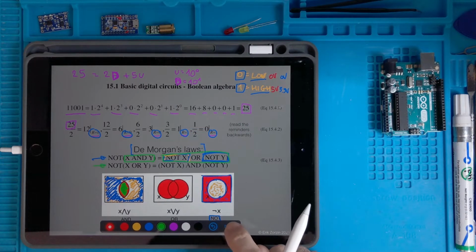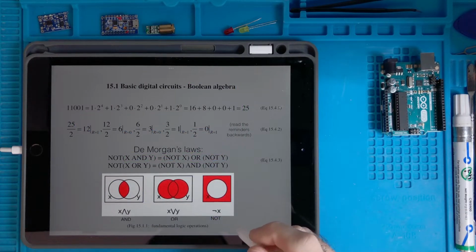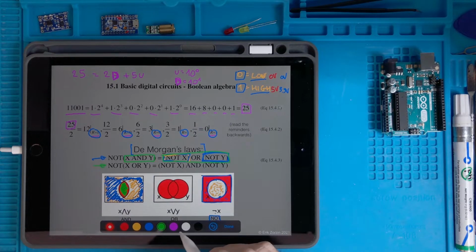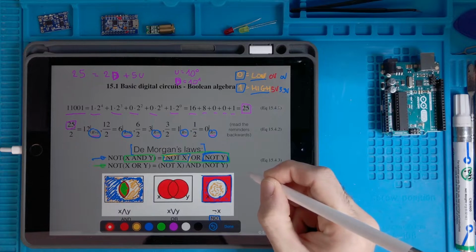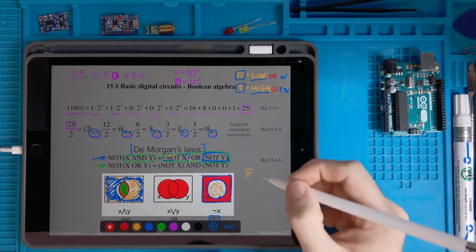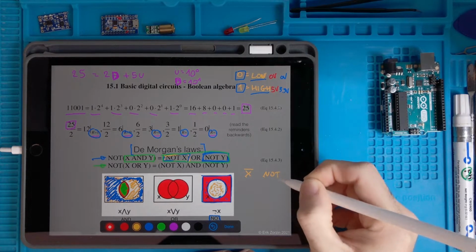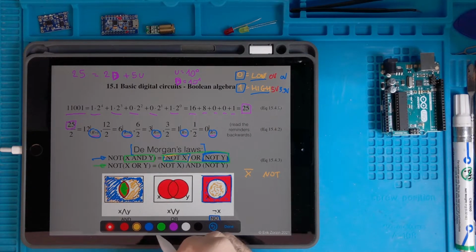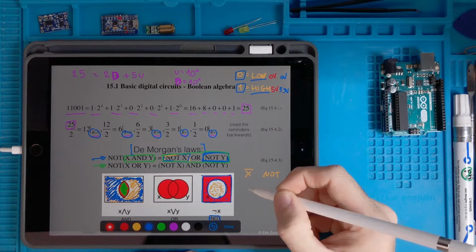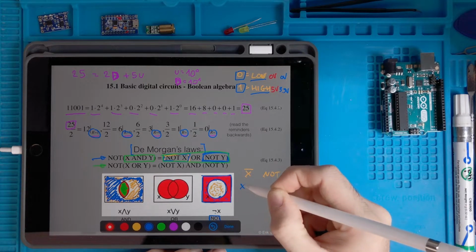So another thing that we might say is that there are those symbols, but most of the time the NOT operation is indicated like this, with a bar over the variable. This means NOT. Then the OR operation most of the time is indicated with a plus.